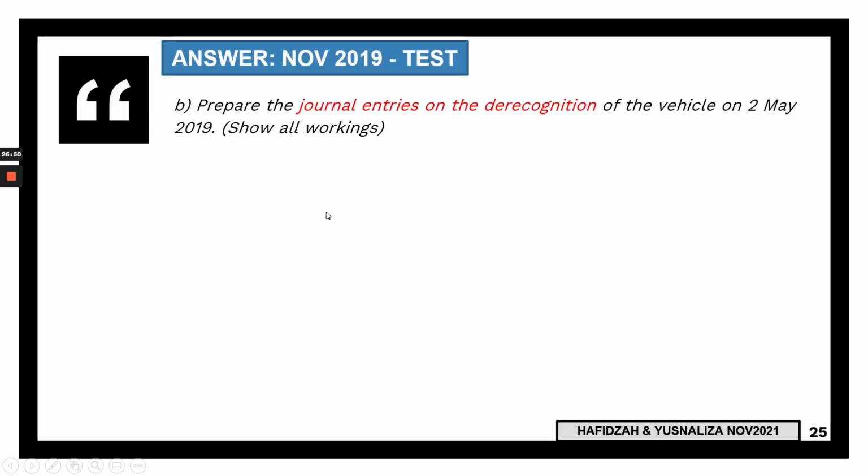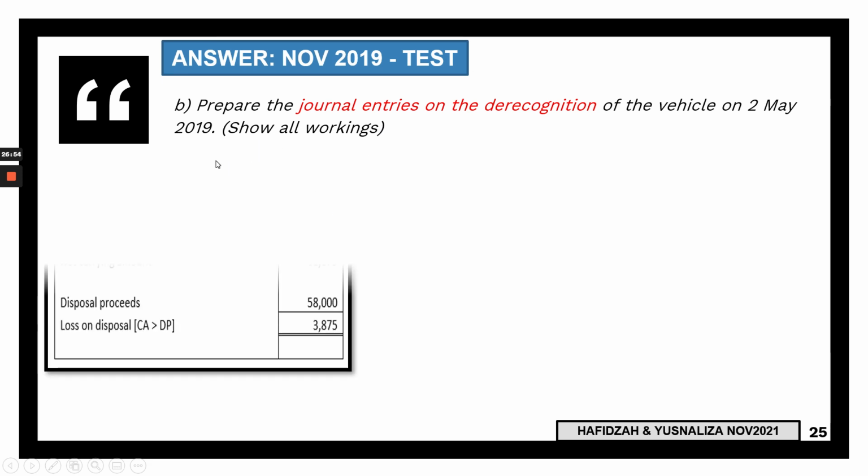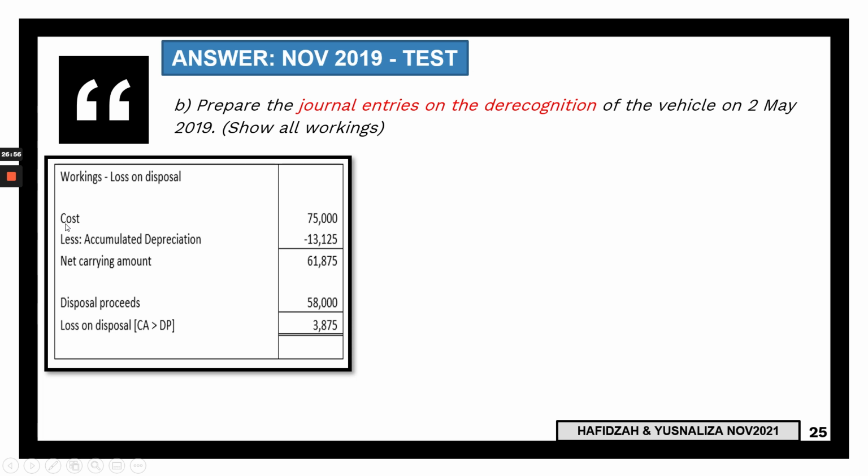So let's go to the next slide, and this is for us to do before we can do the journal entry. To get the gain or loss, you just take the cost minus the accumulated depreciation that you earlier calculated from our previous slide, and that will give us the net carrying amount of 61,875 compared with the proceeds of the disposal, 58,000, and that will give you a loss on disposal of 3,875.